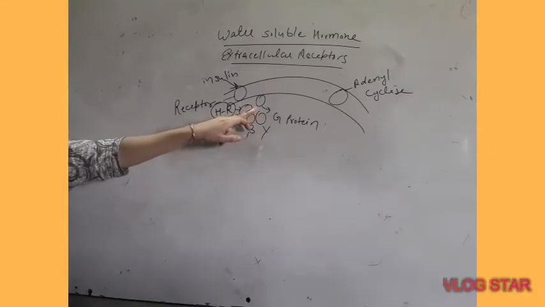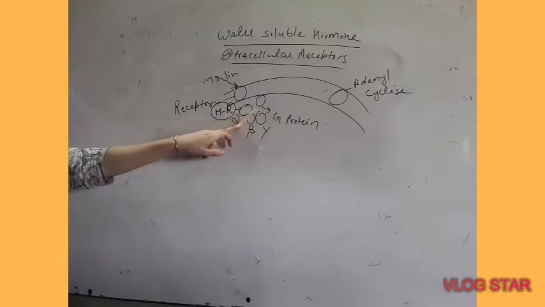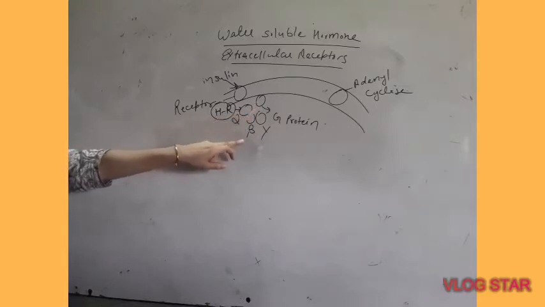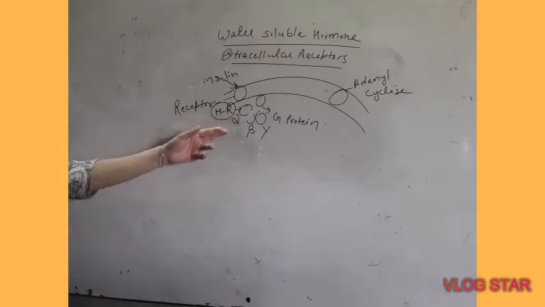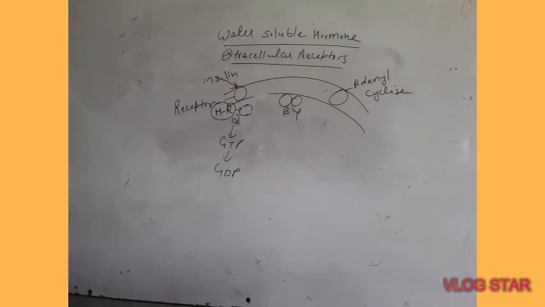Thus this alpha unit breaks up from its two remaining components, that is beta and gamma. This activated alpha protein separates from the beta and gamma units.